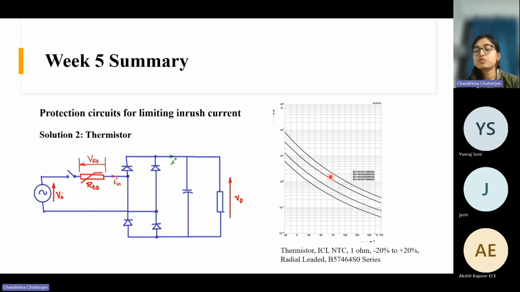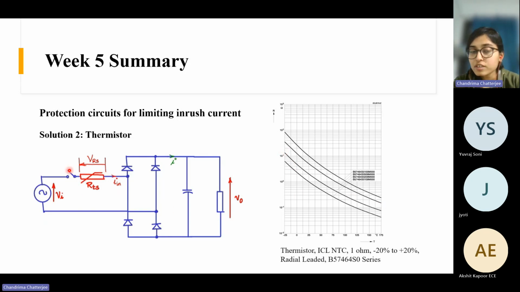Here I have shown a graph of a thermistor. It is also called NTC. NTC means negative temperature coefficient. The x-axis is temperature and the y-axis is the resistance value in log scale. Here you can see as temperature increases, the resistance value decreases. That's why it is called negative temperature coefficient.